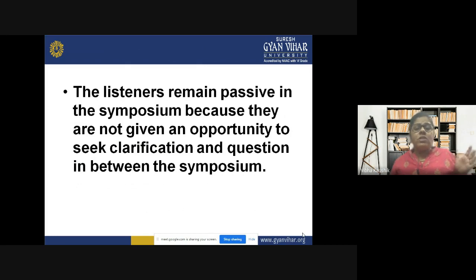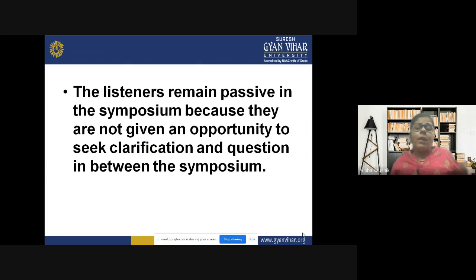The symposium does not give the listeners opportunities to get clarification related to the problem or theme being discussed, and they do not have the right to ask questions in between the symposium. They can ask questions only after the symposium is over.